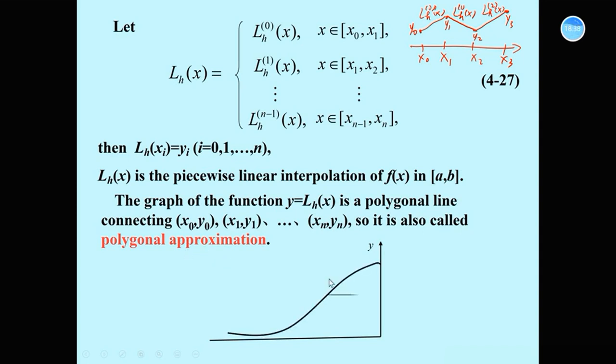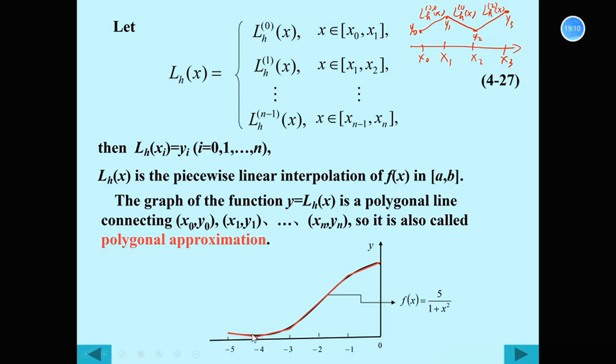Okay, so if we also consider the target function f(x) equal to 5 over 1 plus x squared, and we use the piecewise linear interpolation method, then you see, connect the data points. Now you see we obtain a very good approximation polygonal line to approximate the curve y equal to f(x).